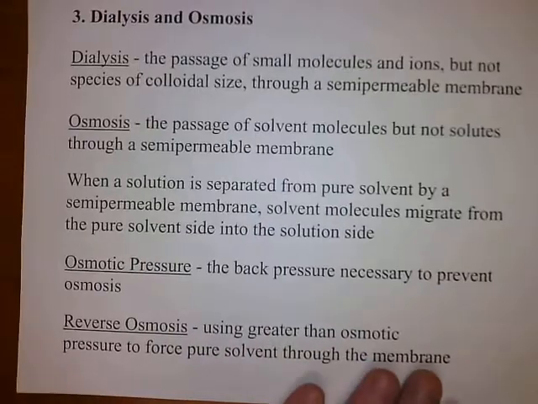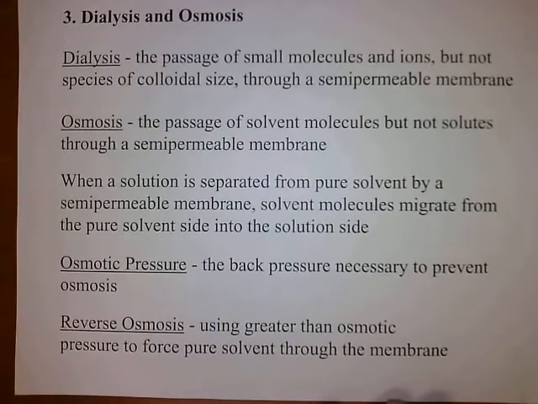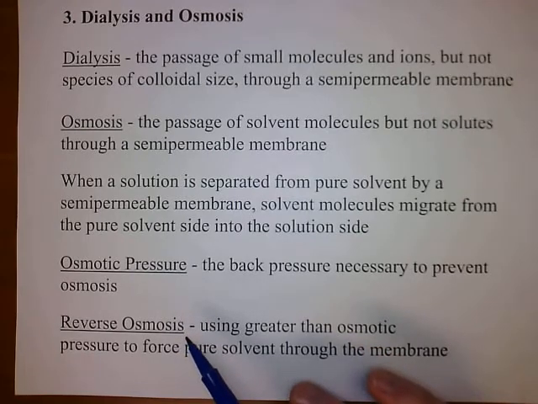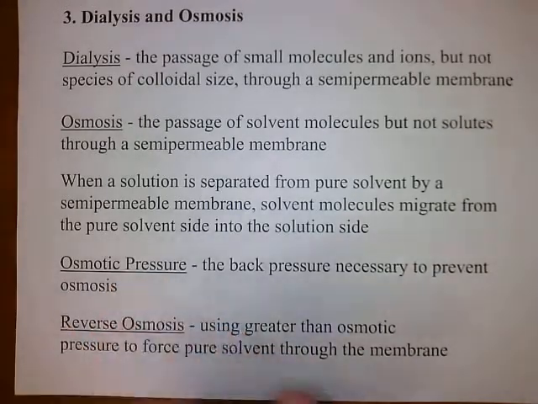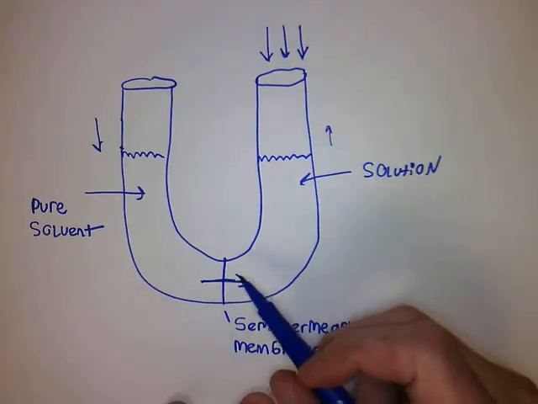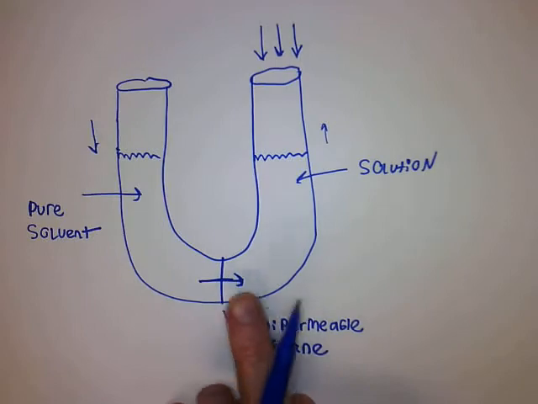Now, if we apply greater than osmotic pressure, then that's reverse osmosis. So we use greater than osmotic pressure to force the pure solvent through the membrane. Okay, so osmotic pressure is just the pressure that's enough to keep this from happening.